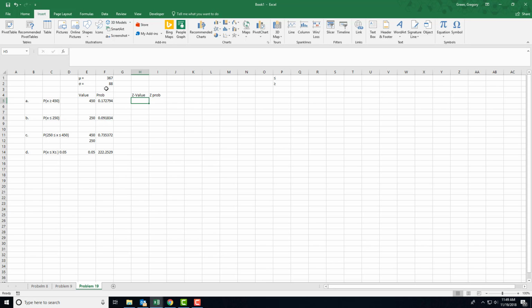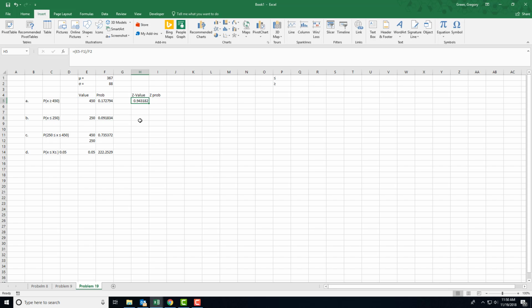I can take any normal distribution and compress it into one standard way to view it, which means I just need a single table of values for probabilities. So let me do this z value. It is the value of x minus the mean divided by the standard deviation.